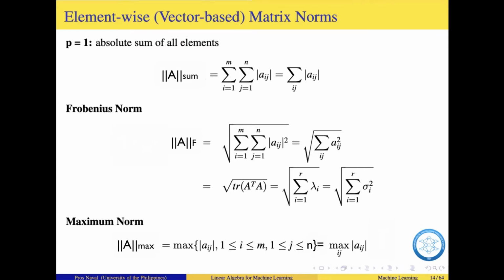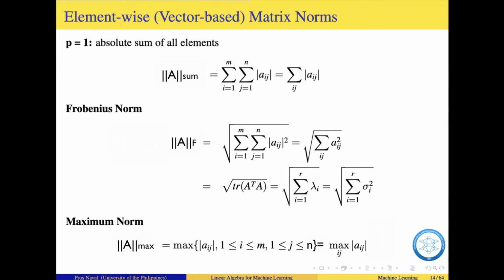For a given matrix A, we create a vector whose elements are the columns of A stacked on top of each other. So in other words, to create the element-wise matrix norm, we just stack the columns of the matrix on top of each other, and then we use the vector norms that we have learned previously.